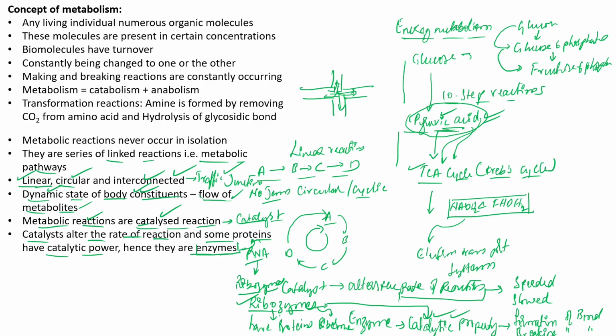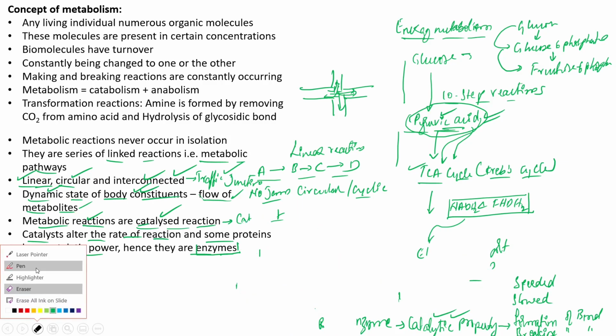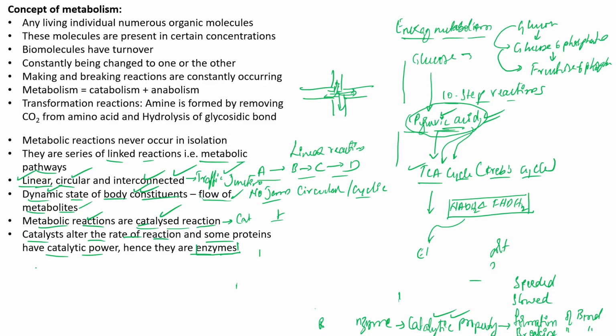I can understand it is quite congested. If I erase, the whole thing can go, so what we can do is erase some part over here. Let me write the same point again: an exception to the proteinaceous enzyme is the ribozymes. Ribozymes are mainly made up of RNA molecules, and these ribozymes have catalytic property.